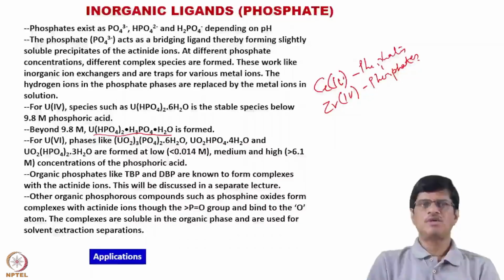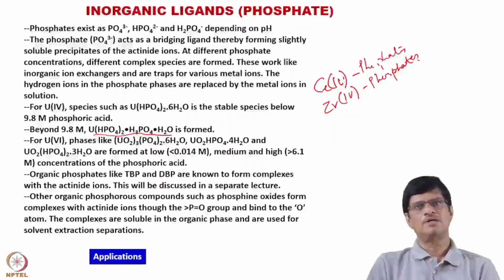Now, when you are talking about phosphoric acid and the complexation of phosphate with the uranyl ion, there are some applications like the uranium estimation by the Davis-Gray method, where there is a reversal of the uranium 6 uranium 4 couple and iron 3 iron 2 couple, and that is the key of this estimation method.